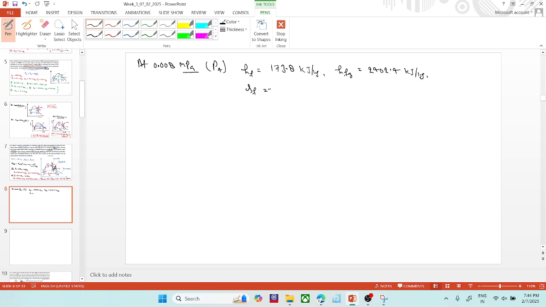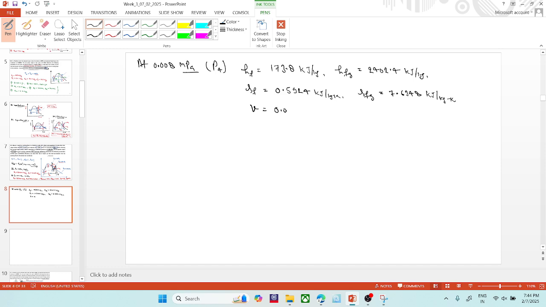SF here would be 0.5924 kilojoule per kg Kelvin, and SFG here would be 7.6348 kilojoule per kg Kelvin. And also I have to find here the specific volume.